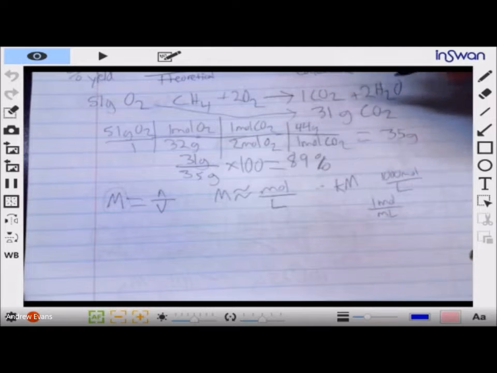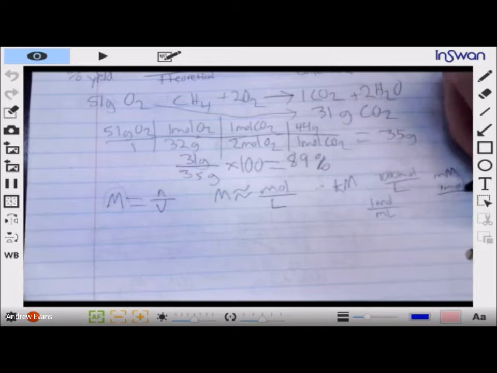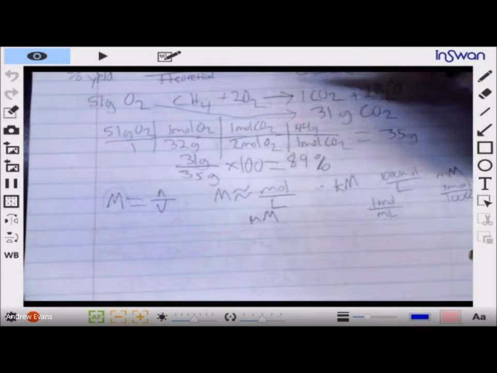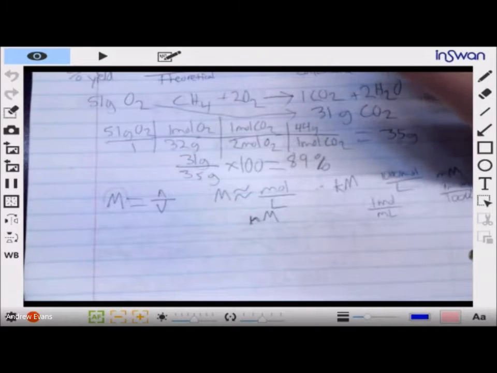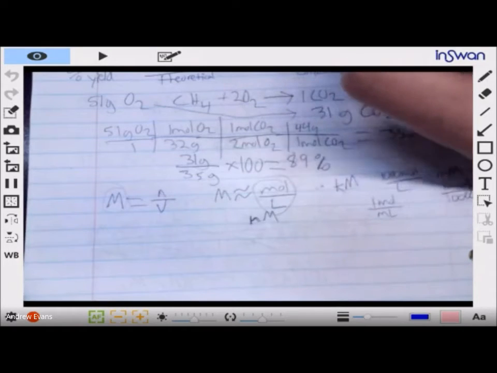And you could do a millimolar, which would be 1 mole over 1,000 liters. Oftentimes we report things as micromolar, which would be 1 mole per 1,000,000 liters. But for the most part, it's best just to keep it as a standard molar unit.